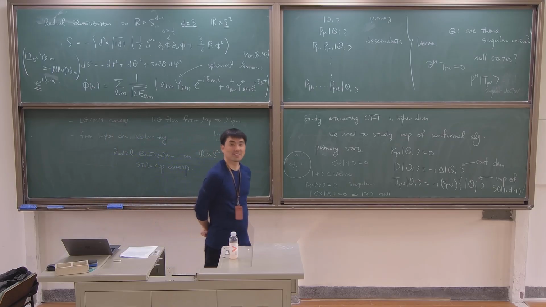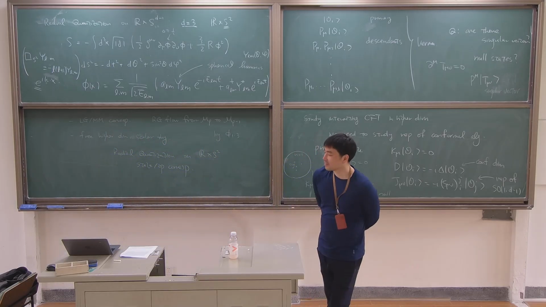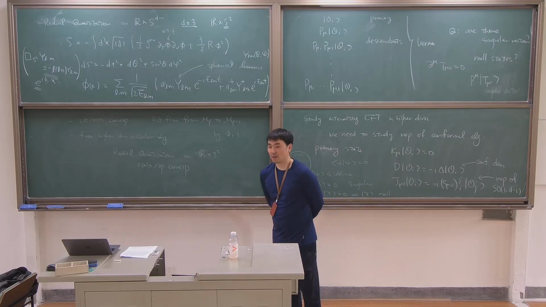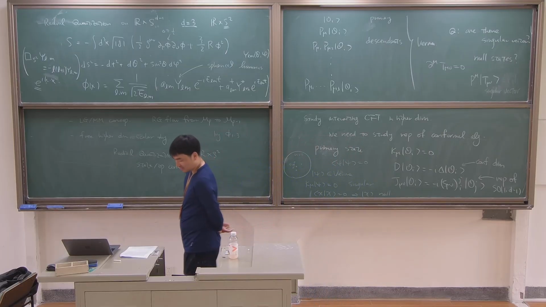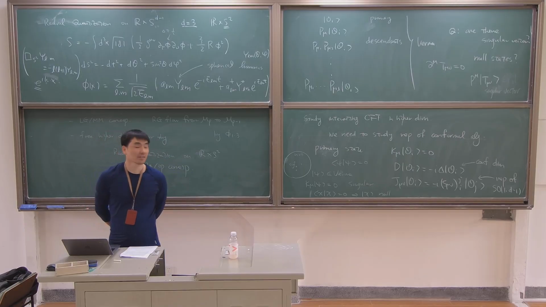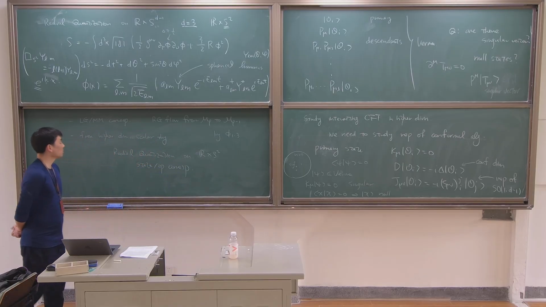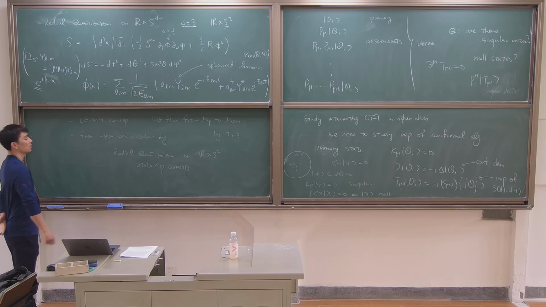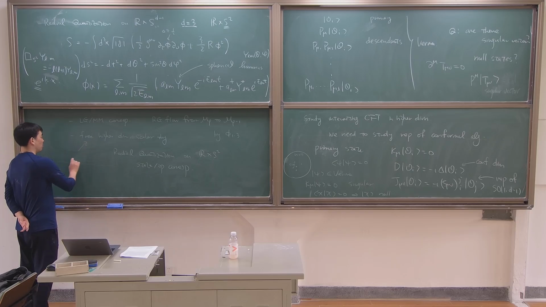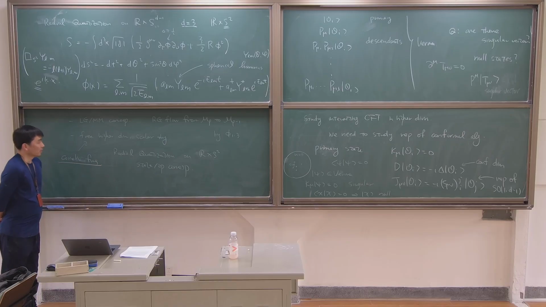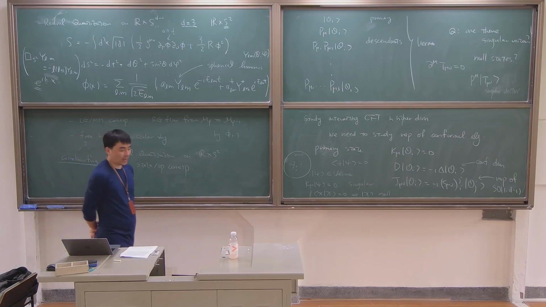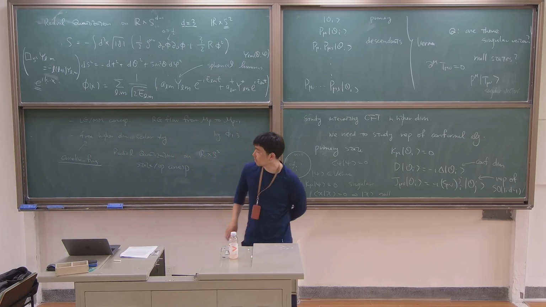Okay, those are more or less the chapters. So those are what we learned. Here, especially in the free theory, we computed correlation functions and checked that they are consistent with the conformal analysis and so on.